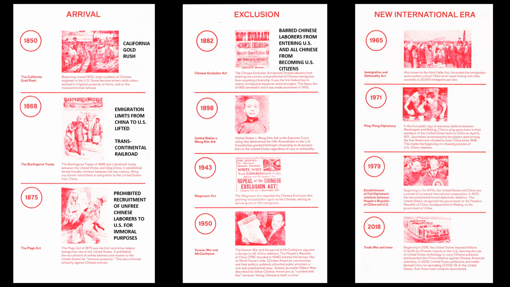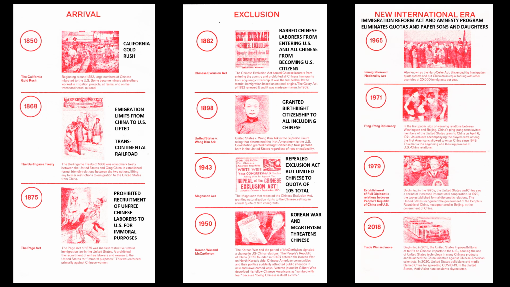1882. Chinese Exclusion Act. Chinese laborers barred from entering U.S., and all Chinese barred from becoming U.S. citizens. 1898. Birthright citizenship to all granted, including the Chinese. 1943. Exclusion Act repealed, but Chinese immigration quota limited to 105 total. 1950. Korean War and McCarthyism threatens the Chinese. 1965.